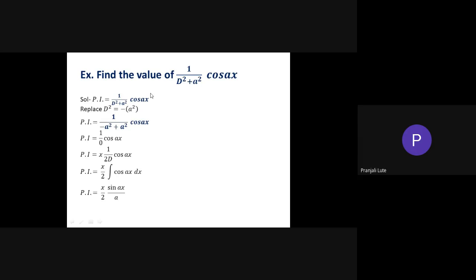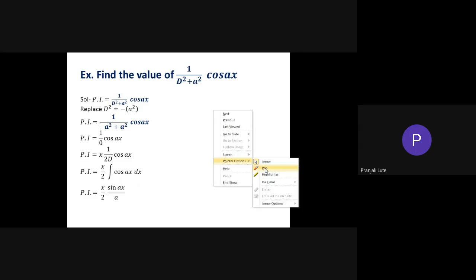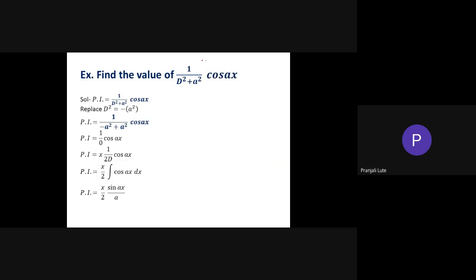I will tell you the last example of this case. Again, the question is find the value of 1 upon D square into cos of ax. Again, this is case number 2. So PI equal to 1 upon D square plus a square into cos of ax.